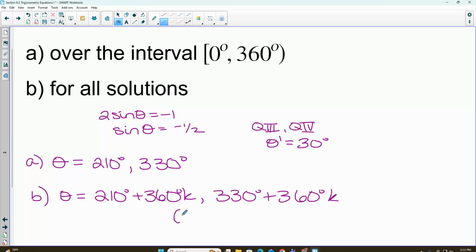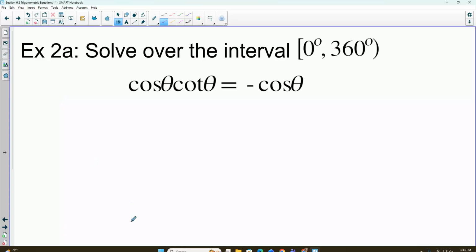And you do need to specify that k is an integer. Is that okay? Let's do another one.